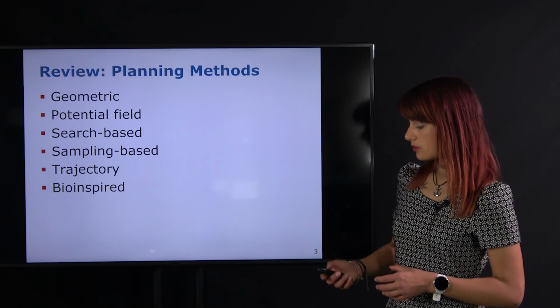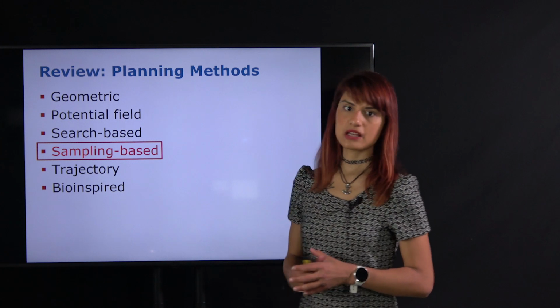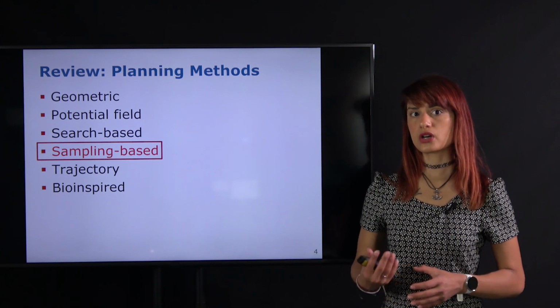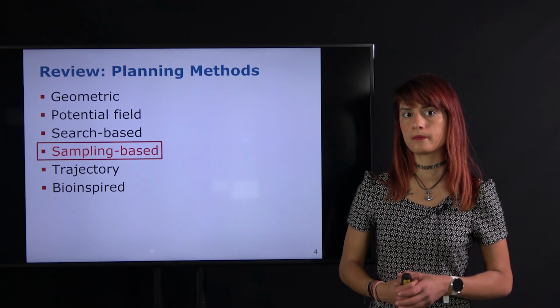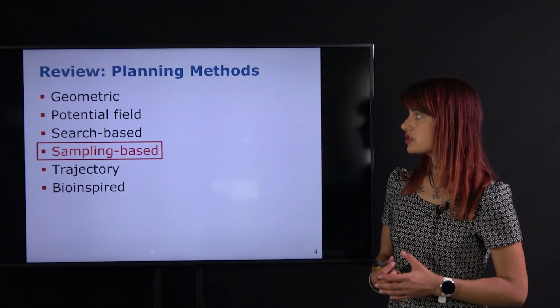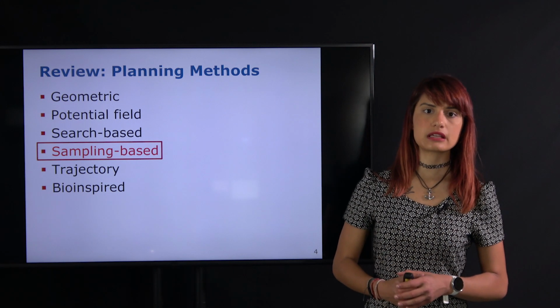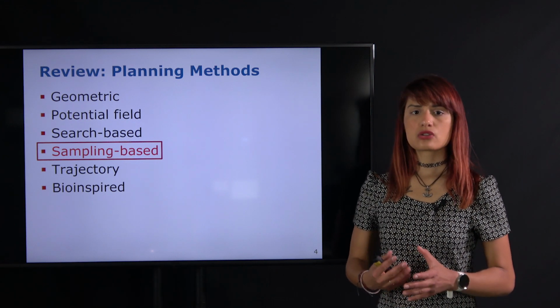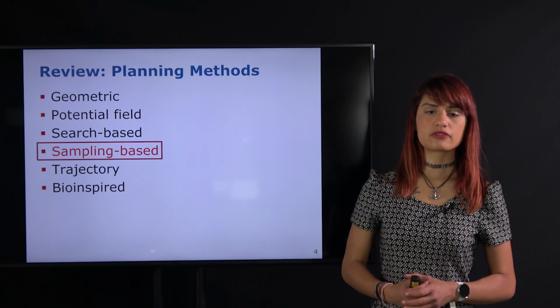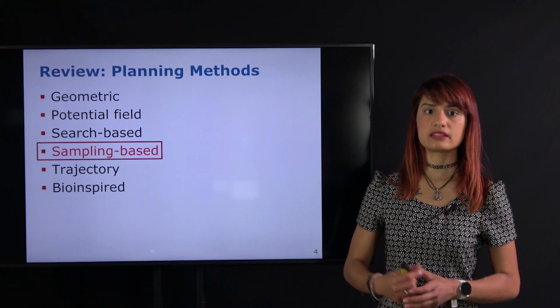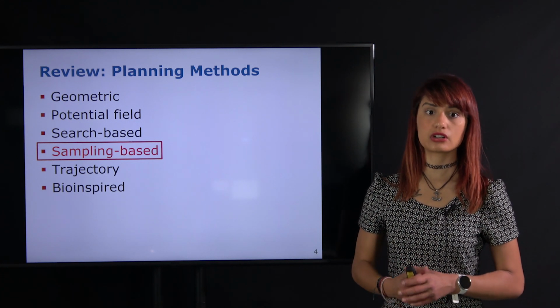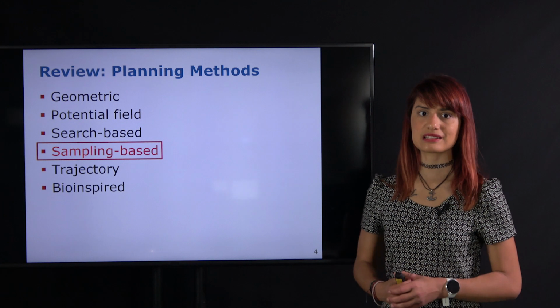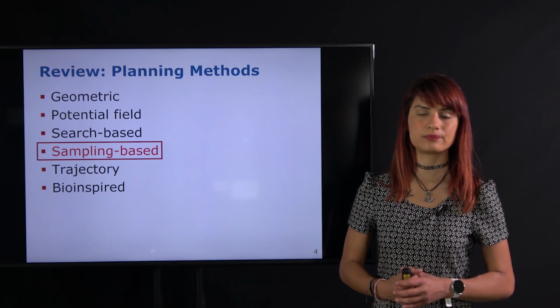In this lecture, we focus on sampling-based methods, which operate on a very different paradigm. Rather than using an explicit representation of the environment, sampling-based methods incrementally probe the configuration space in order to find feasible paths that are later connected. And we'll look at exactly how this is done in the next slides.